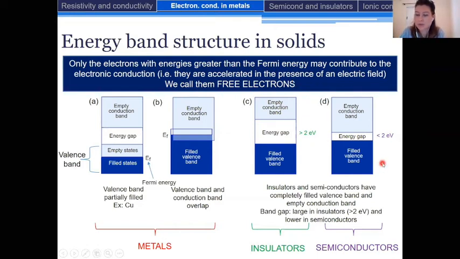What is the difference between the two? It is the value of the energy gap. In insulators, this energy gap is higher. It is in fact higher than 2 electron volts, whereas in the case of semiconductors, it is lower than 2 electron volts.